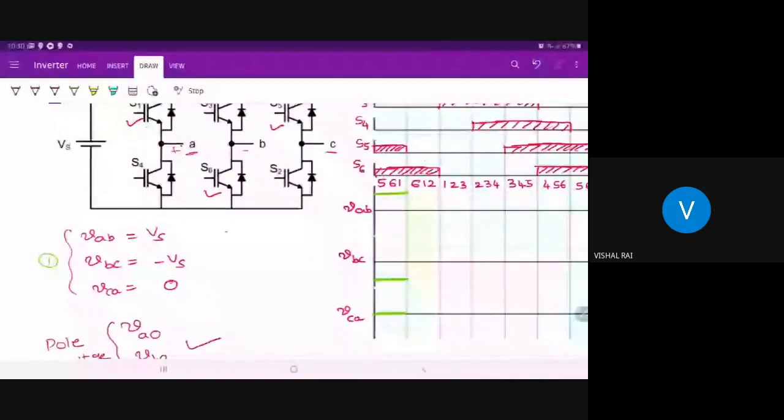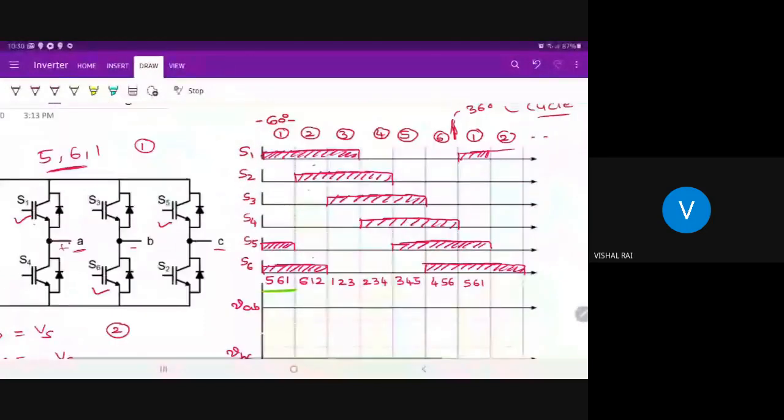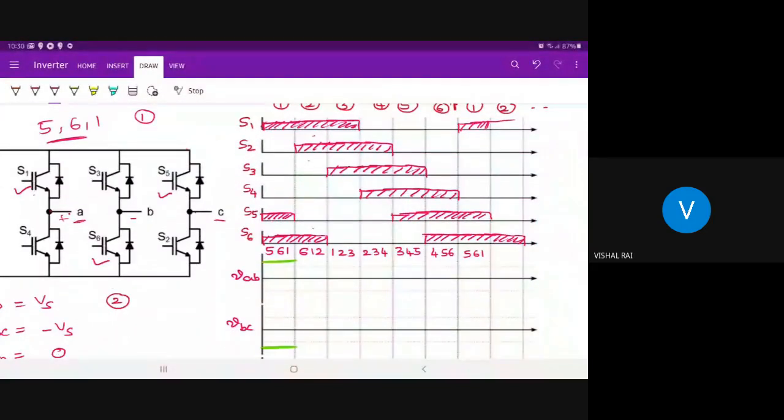Now the second 60 degrees. Which devices are in conduction? 6, 1 and 2 are in conduction.